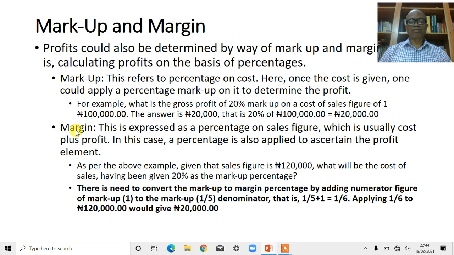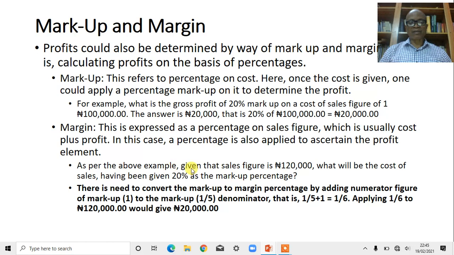Now let's look at margin. This is expressed as a percentage on the sales figure, which is usually cost plus profit. In this case, a percentage is also applied to ascertain the profit element. What we're saying here is that when it comes to margin, we're looking at a percentage on the sales value. So let's look at this example.